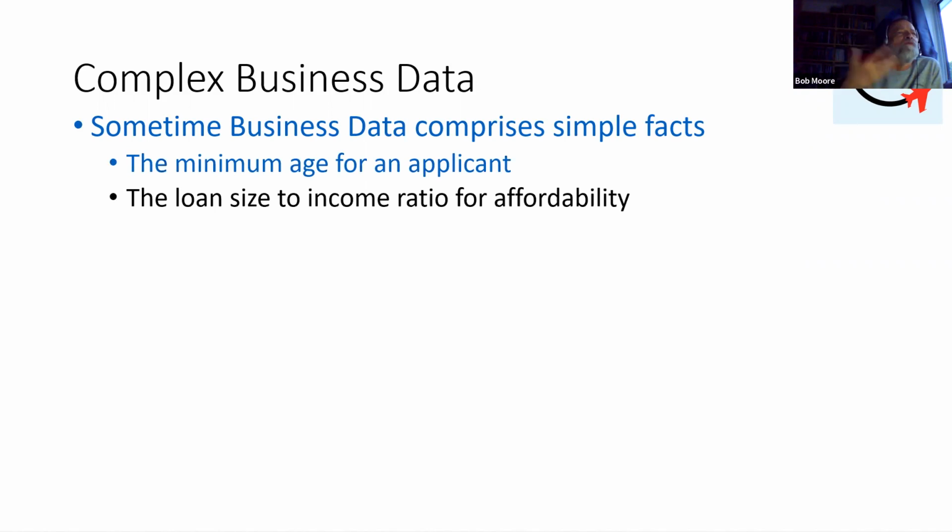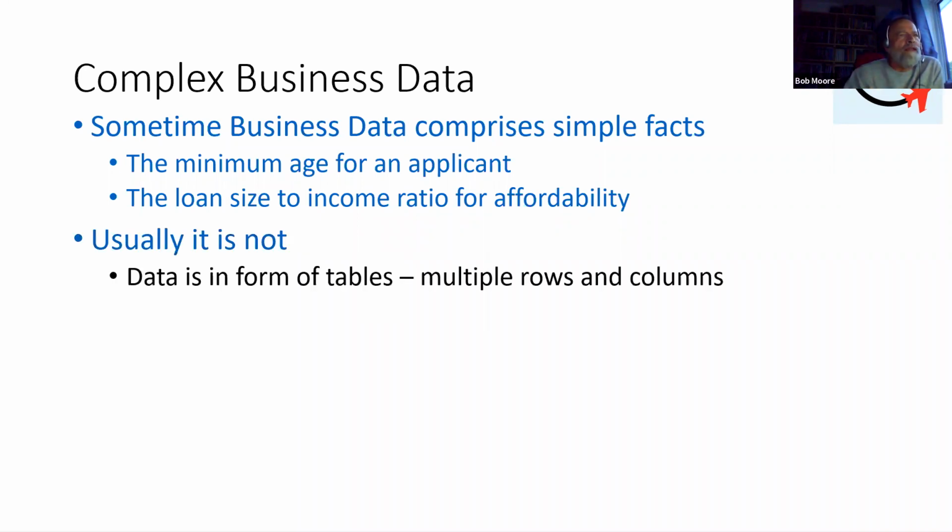It's just little numbers. The management issues associated with those are relatively trivial. But usually business data is not comprising of simple facts at all. In an awful lot of cases, it turns up in the form of tables. So you have multiple rows and multiple columns.